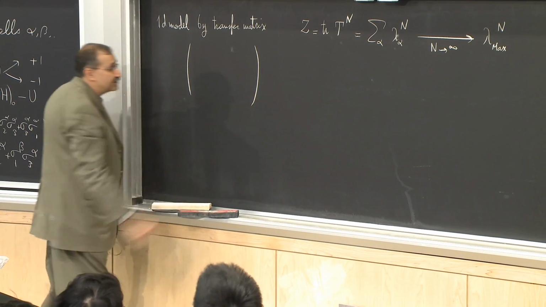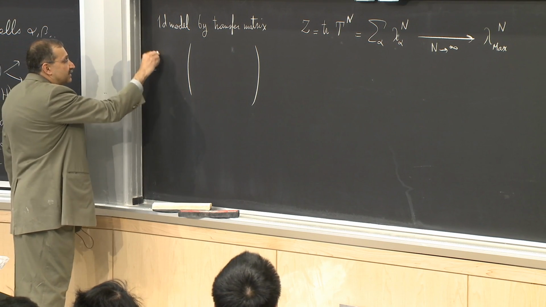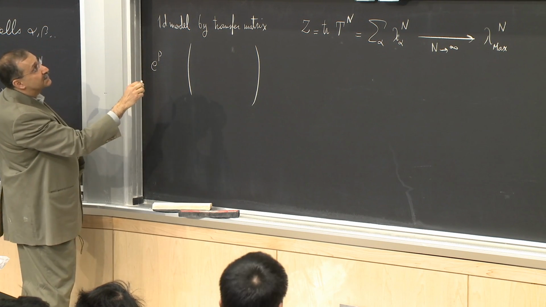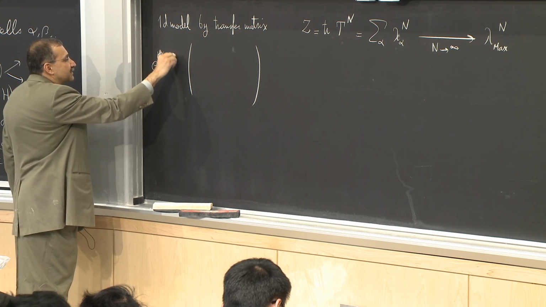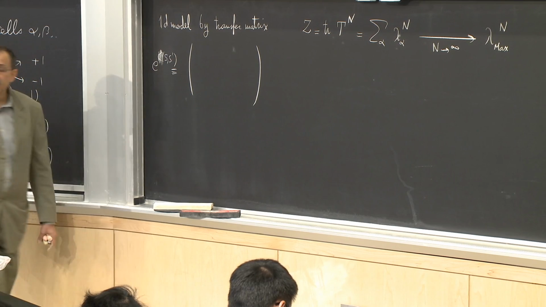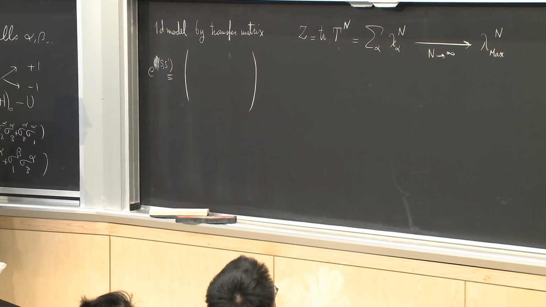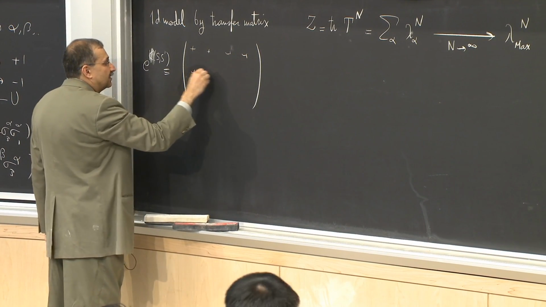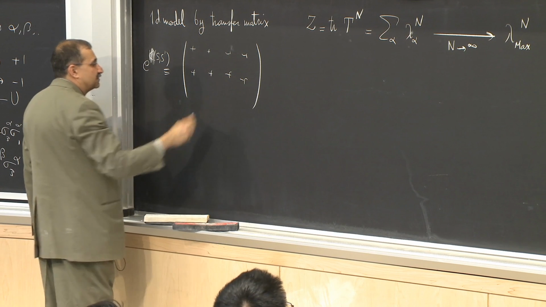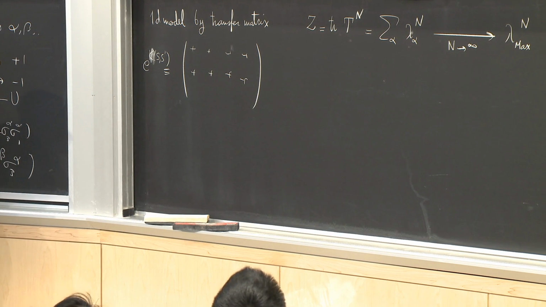I should take a matrix, which is e to the strength of the interactions, e to the k of s and s prime. So there is a matrix. All of its elements are Boltzmann weights. They're all positive. Okay. And find the eigenvalues of this matrix.